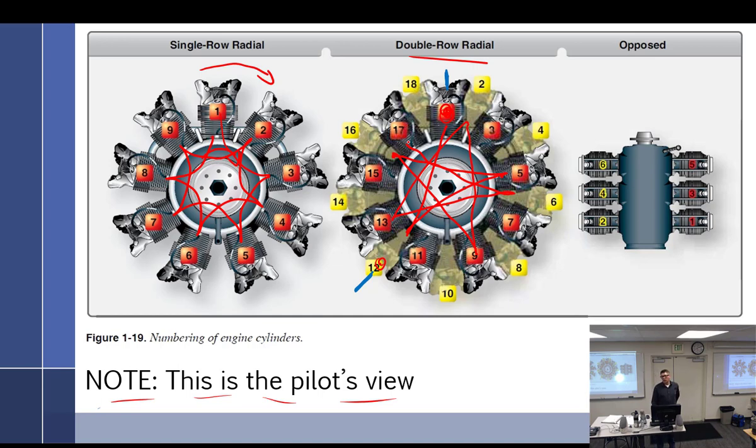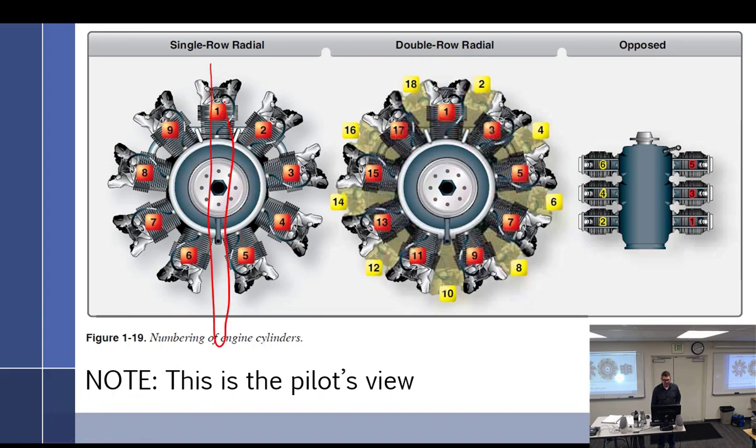The really cool thing about radial engines, though, is the propeller. Clean that up. The propeller, if it's like this, chances are it's firing the number 1. So you're going to identify a blade, and if I'm working on it and I have to do compression checks, I'll take the spark plug out, put my finger over it, and move the prop until it starts to compress, bring it to top dead center.